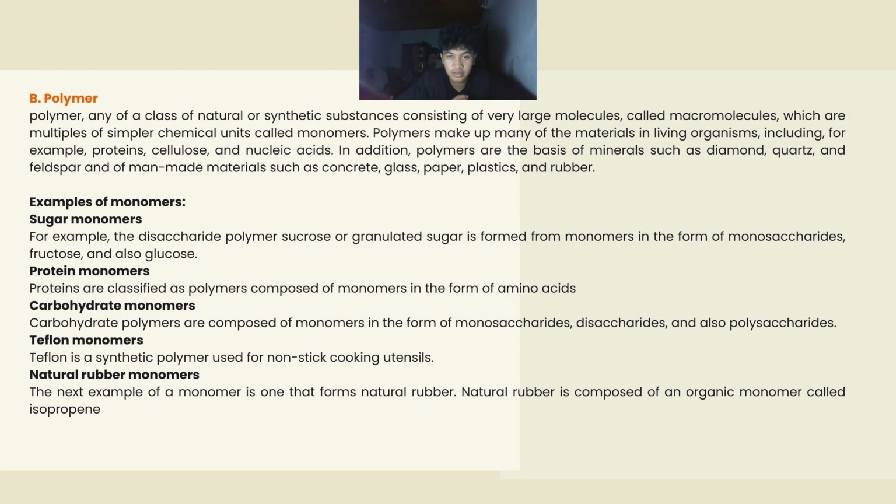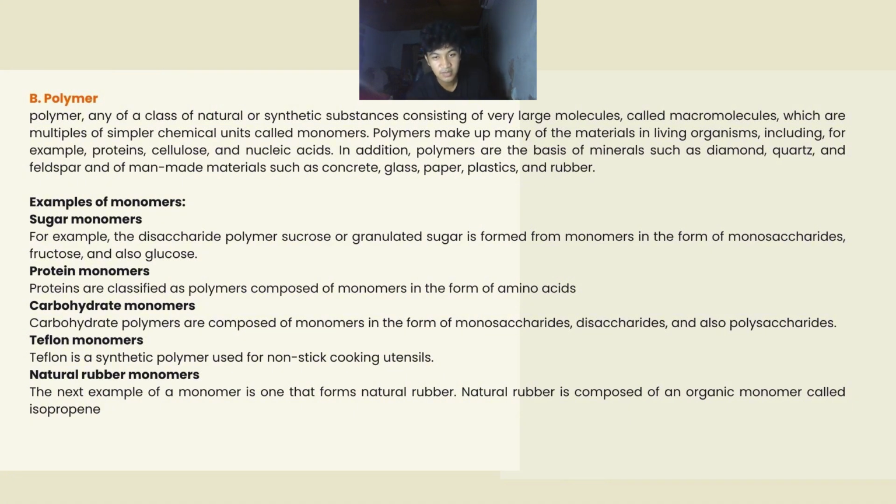And we have examples of monomers. First is sugar monomers, for example, the saccharides. Polymer sucrose or granulated sugar forms monomers in the form of monosaccharides, fructose, and also glucose. The second is protein monomers, which are classified as polymers composed of monomers in the form of amino acids.